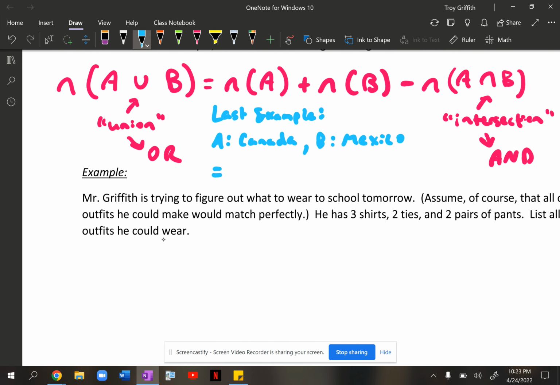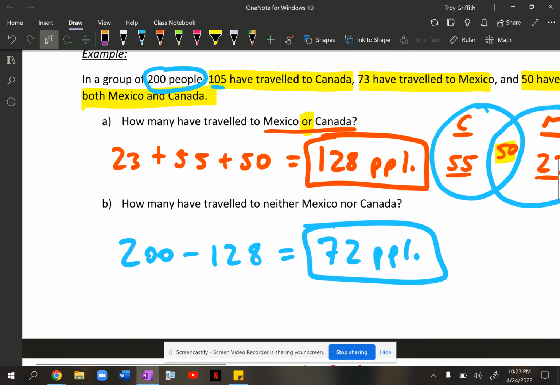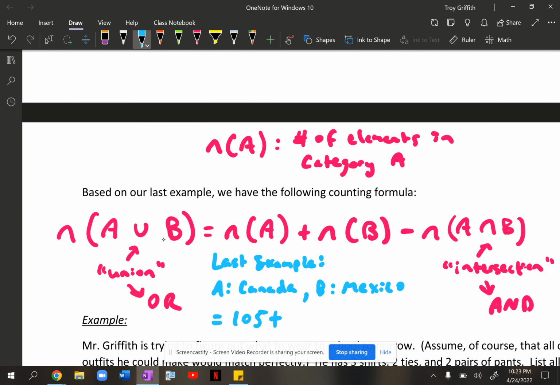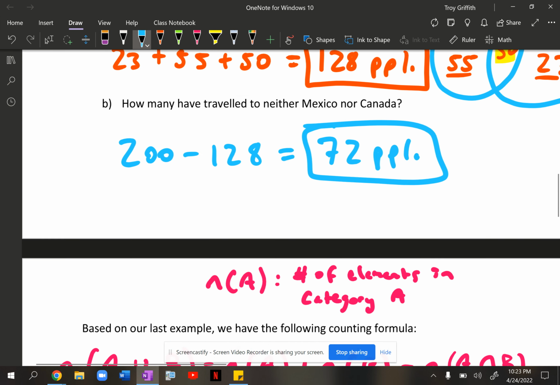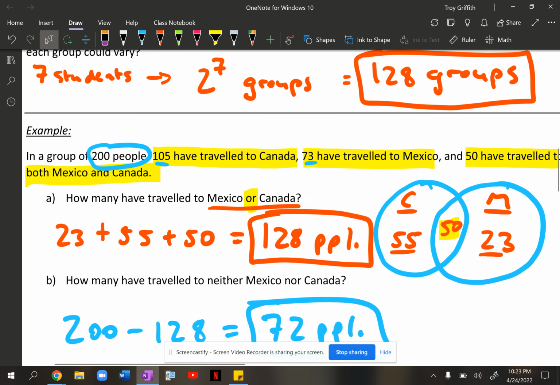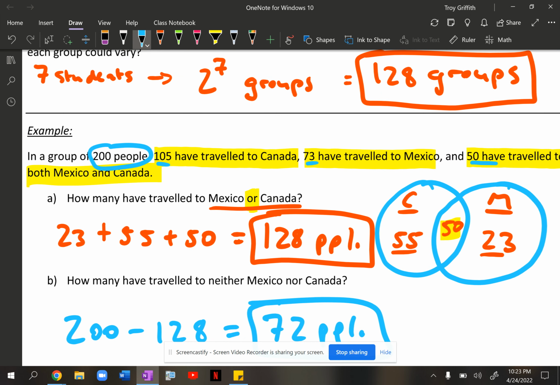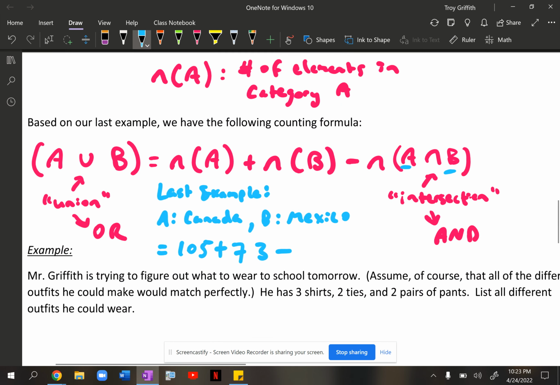Okay, so this would be 105 plus the number of people that fall into category B. So this would be the number of people that have gone to Mexico. That would be 73. Minus the number of people that have been to both A and B, which means the number of people that have been to both Mexico and Canada. And we saw in the problem here that there are 50 people that have traveled to both.